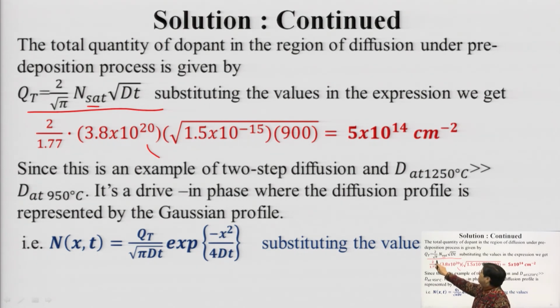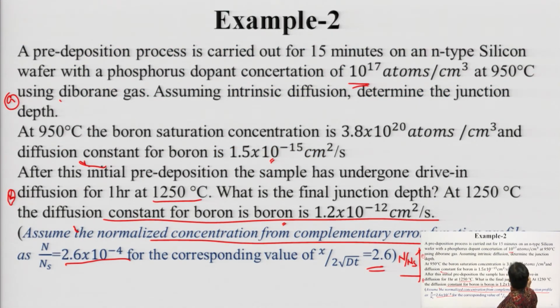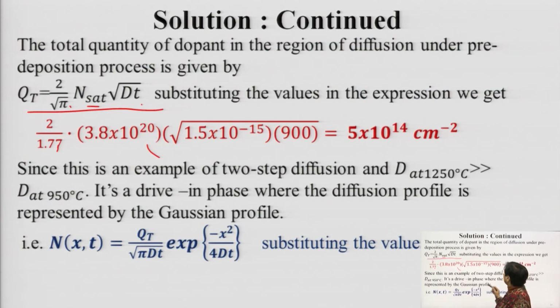So, 2 by under root pi, this is basically 1.17, into 3.8, n saturation is given to you, under root dt is given to you. t is basically the time duration for which you have exposed it. You know already this was carried out for 15 minutes. So, 15 into 60 you will calculate, that comes out to be 900, and that is how you will calculate the value of Qt.